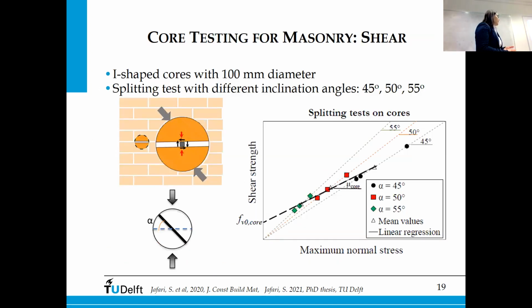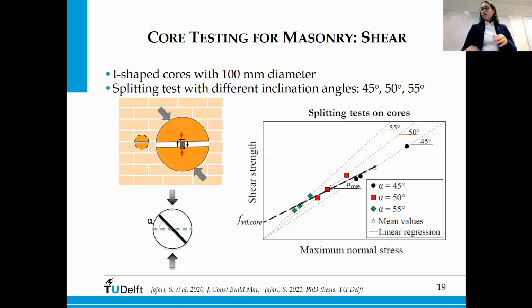Of course, once you take cores, it would also be nice to see if you can identify shear properties with core testing. Early research tried to do that with I-shaped cores. So if you have only one bed joint, and you incline the joint at different angles, you can find different stress states from shear and compression.